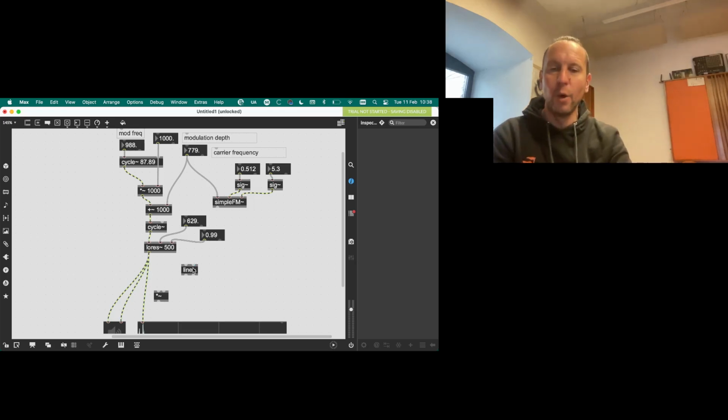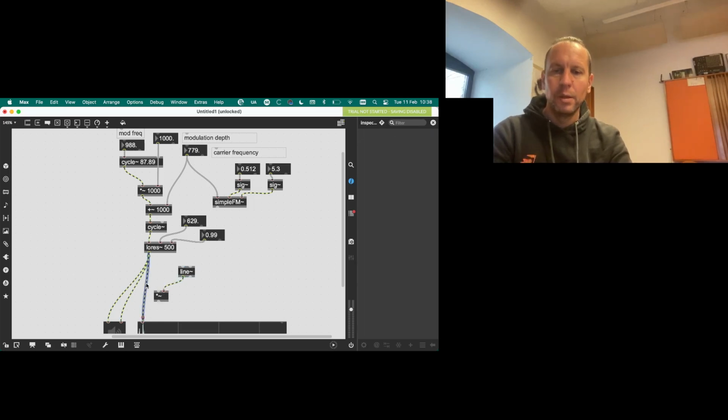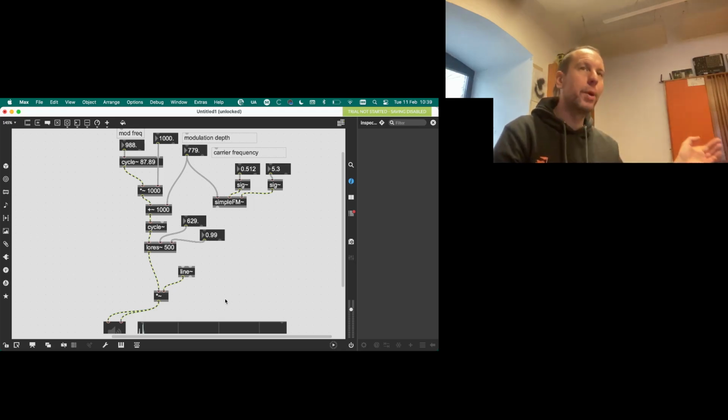So an envelope is a slow signal like that. So what I'll do then is apply this envelope to control the amplitude. You probably know by now that I could apply the envelope to any of these parameters as well. I leave you to play with that on your own.